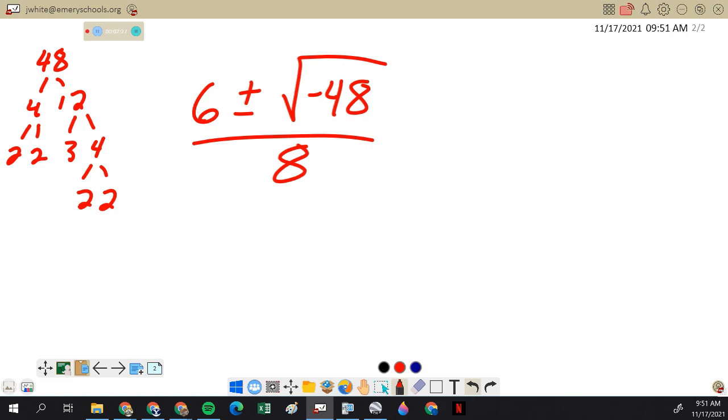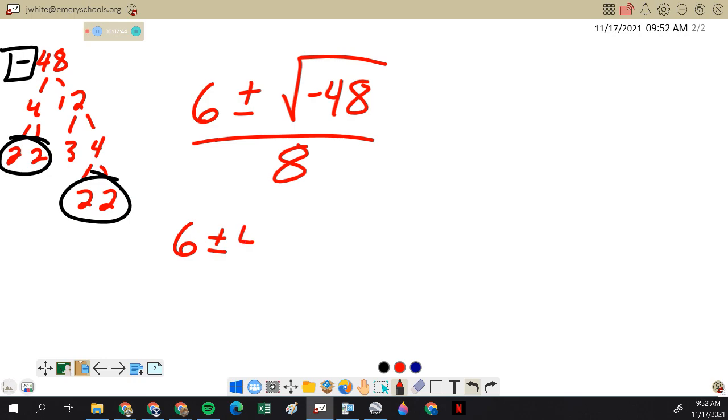Can I bring anything out? I can bring out a set of 2's, another set of 2's, and a negative. So that simplifies to be 6 plus or minus. I bring out 2 times 2, which is 4, and then i, and then the square root of 3 over 8.